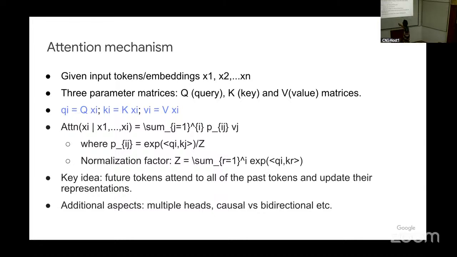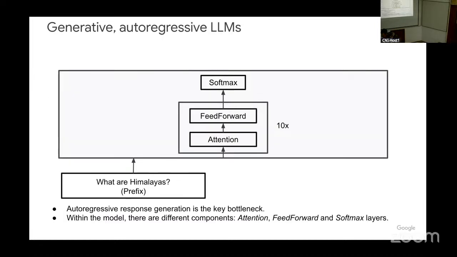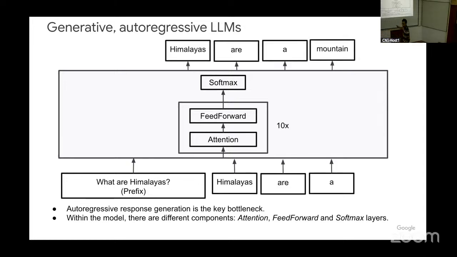So for a given i, all you need to store is kj and vj for j less than or equal to i. So in these attention layers, you store the keys and values corresponding to this prefix, so you don't need to reprocess all of this. You just store the keys and values corresponding to each of these tokens in each of the attention layers. And whenever you are processing a new token, you use all those keys and values of the previous tokens to do that computation.